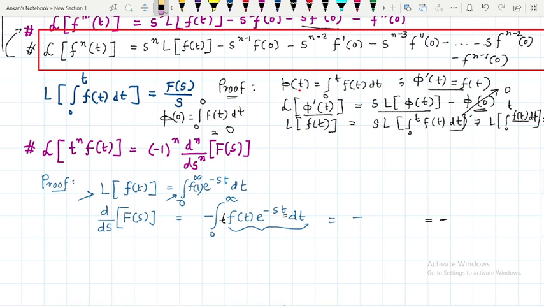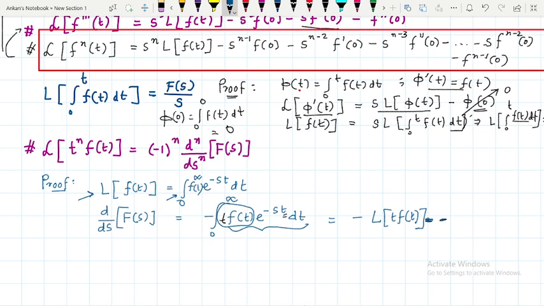So this is also dependent on t, right? The total function now becomes t f(t). So we can easily write the Laplace transform of t f(t), not simply f(t), because we mistakenly took the s outside. When you are given t in front of f(t), the function becomes t f(t), not simply f(t).